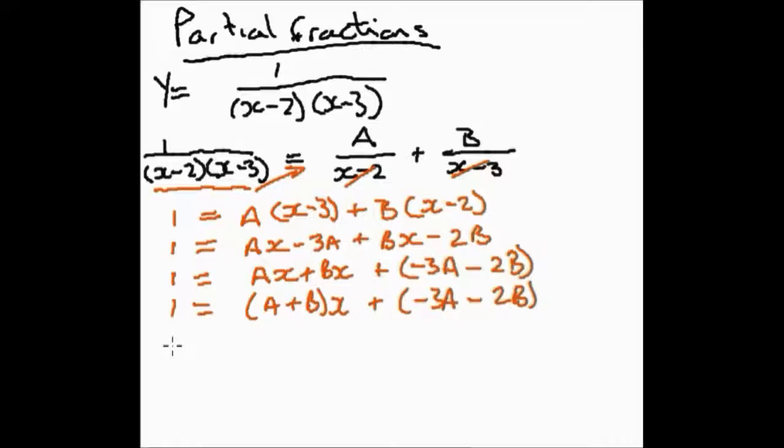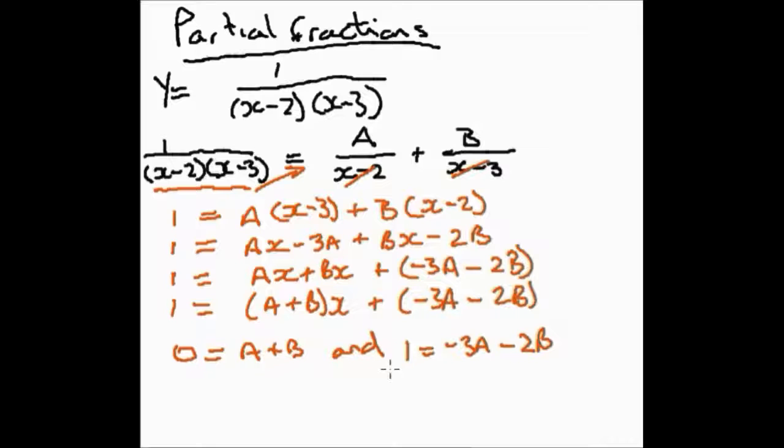So if the coefficient of x on the left equals 0, then 0 equals A plus B, and 1 equals minus 3A minus 2B.